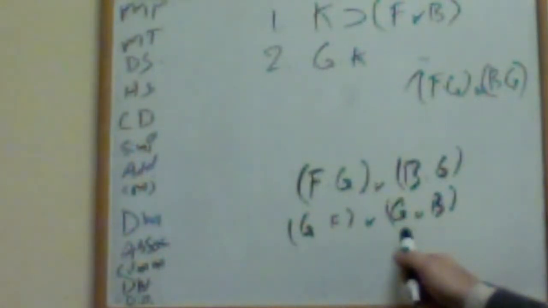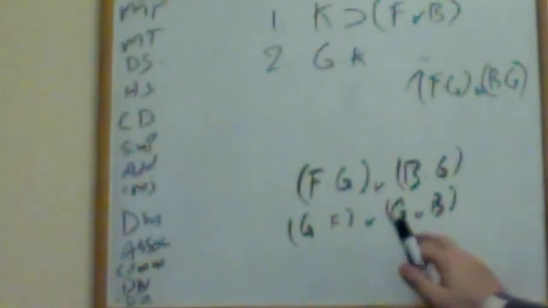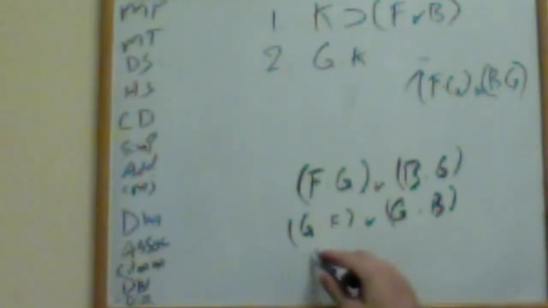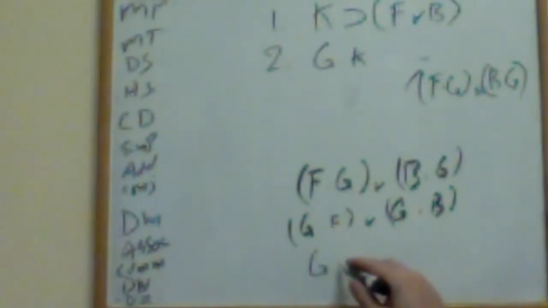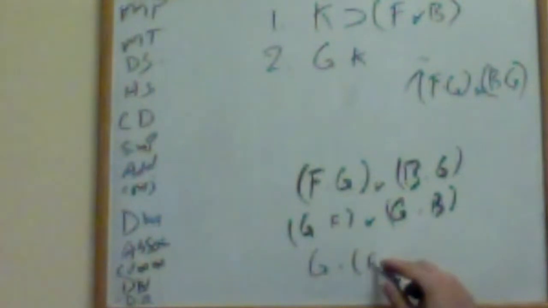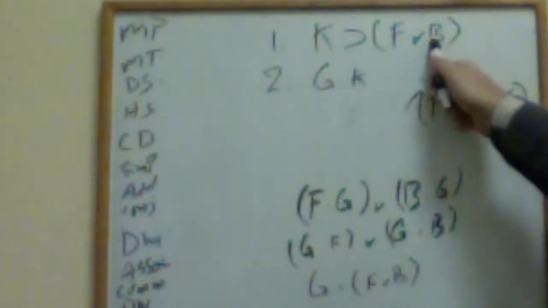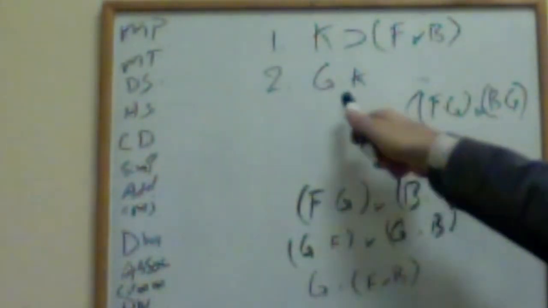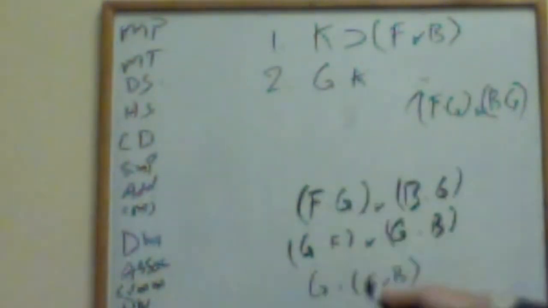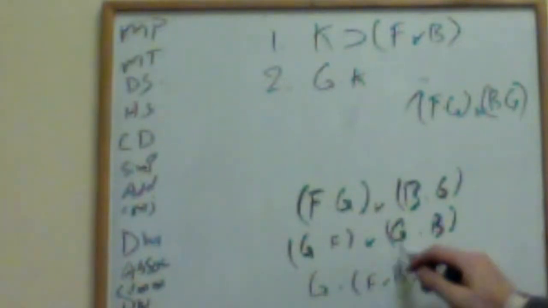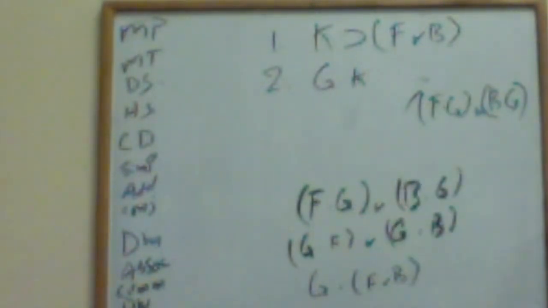Then we can just use distribution and get G dot (F wedge B). Well, there we go. Now we see F wedge B, and we see G right here. So it looks like if we got G and if we got F wedge B, we could put them together and then use the reverse of this to get the conclusion.